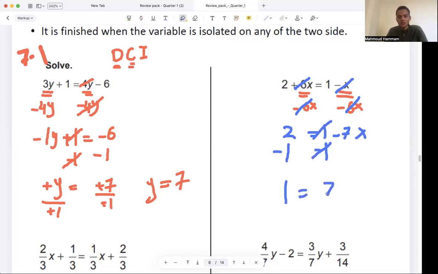So 1 equals negative 7x. Very good. Right. So again, Adham, what happened? Negative 6, negative 6. These cancel. So negative 1, negative 6 is negative 7. And I still have the 1. Here I still have the 2. Minus 1, minus 1. 2 minus 1 is 1. And you still have negative 7x.